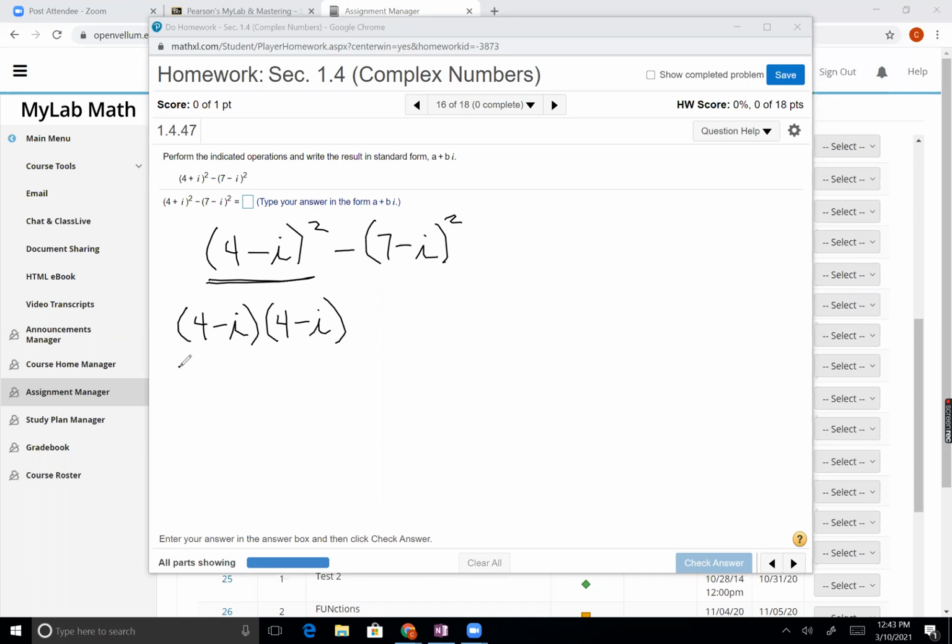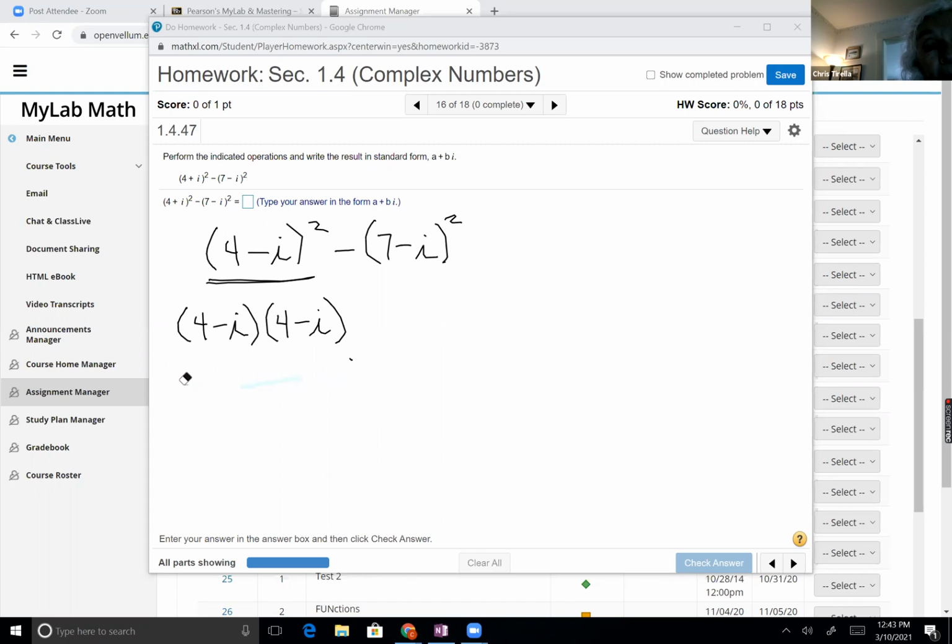So I'm going to take 4 times 4 minus i times 4 minus i. I just multiplied 4 times 4, then 4 times negative i. Yeah, kind of like that.